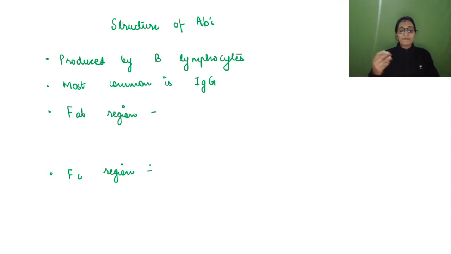So what about the FAB region? It contains the antigen binding site that varies between different antibodies.